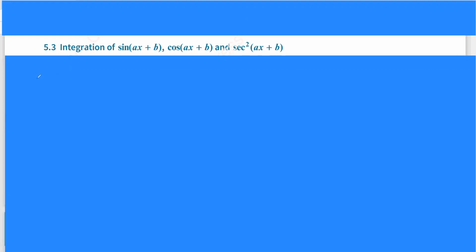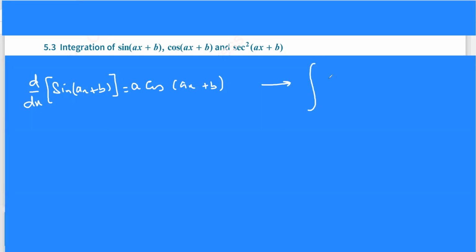So if you remember that the derivative of sine of ax plus b is cos of ax plus b times a, then you can learn that the integral of cos ax plus b would be sine of ax plus b over a plus c.